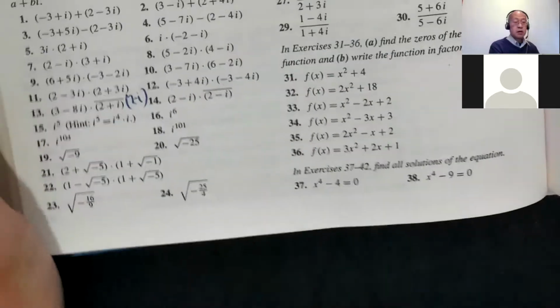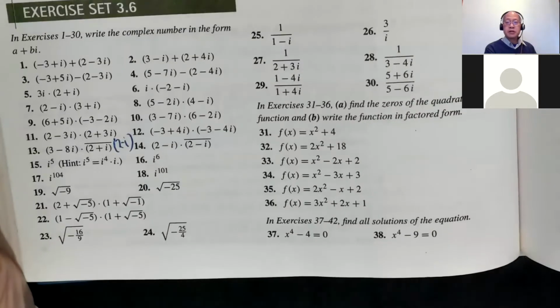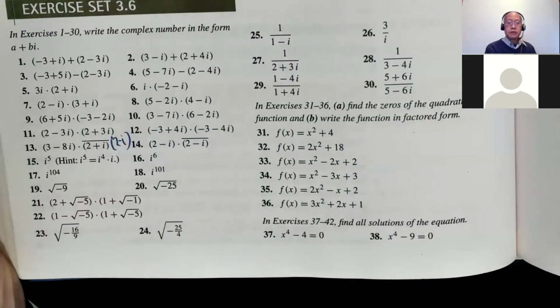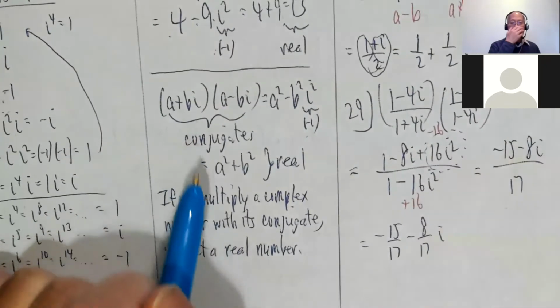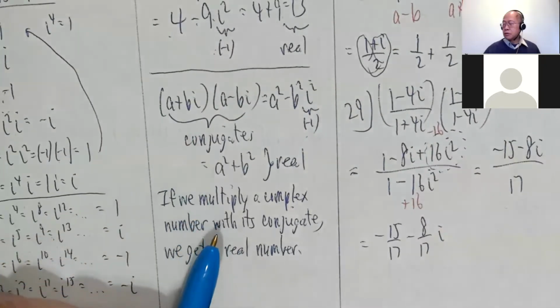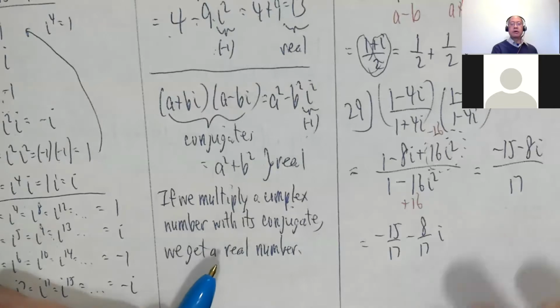Okay, so we're doing complex numbers, the i business, and how to deal with problems that look like this. Quick reminder from yesterday: if you multiply a complex number with its conjugate, you get a real number.